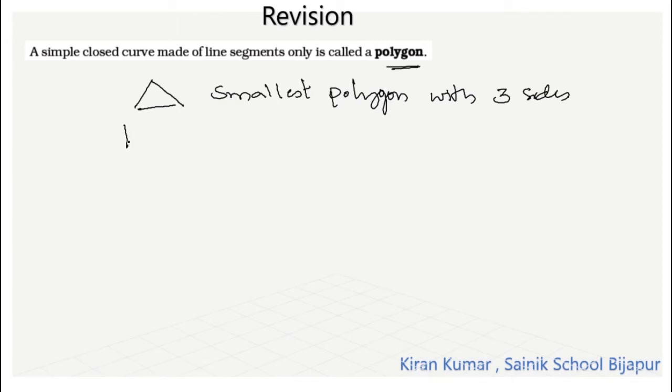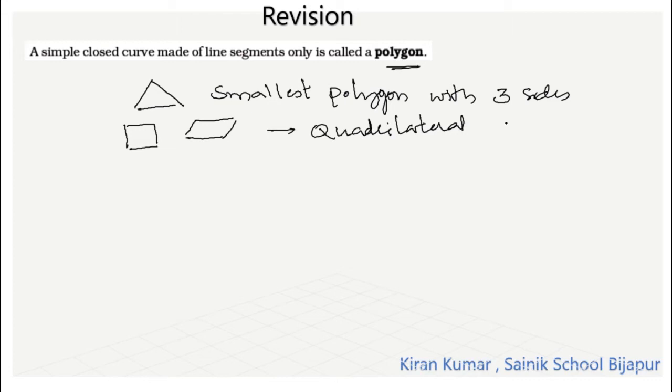The next polygon which we have learned is a quadrilateral, which has 4 sides. There are different types of quadrilaterals. In general, it is called a quadrilateral.